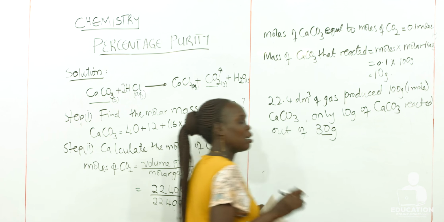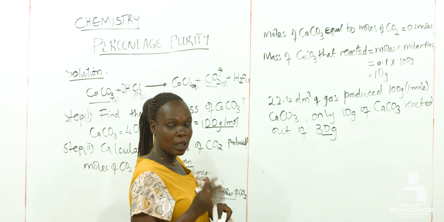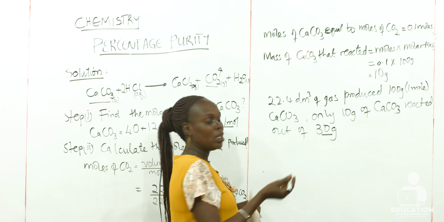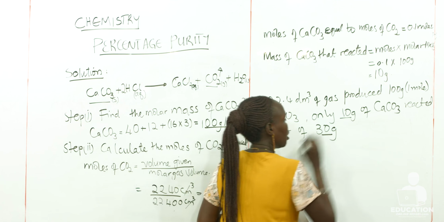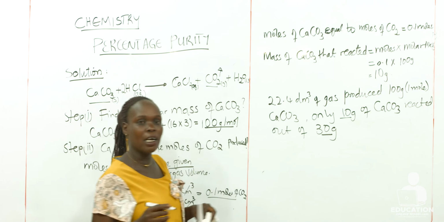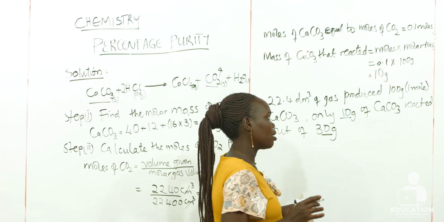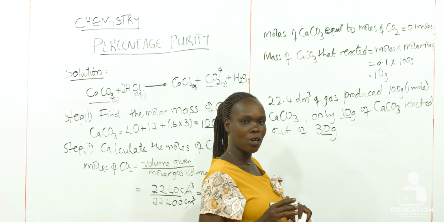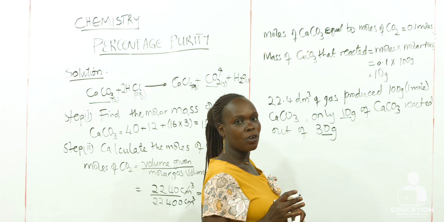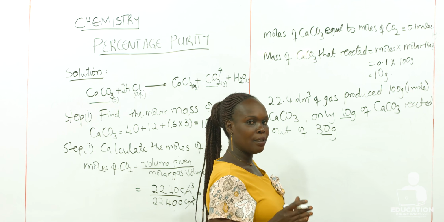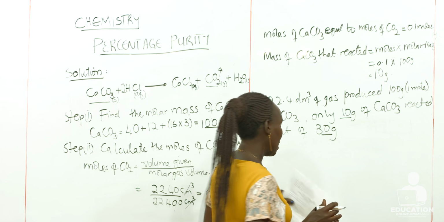So the impure calcium carbonate was 30 grams, and the one we got from the theoretical expression here is 10 grams. So for us to get the percentage of the pure salt here, we are going to divide 10 by 30 and multiply by 100.